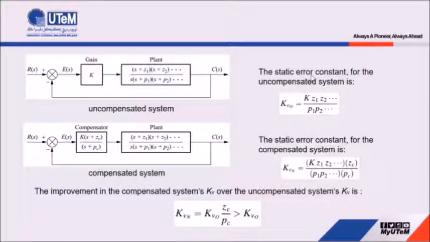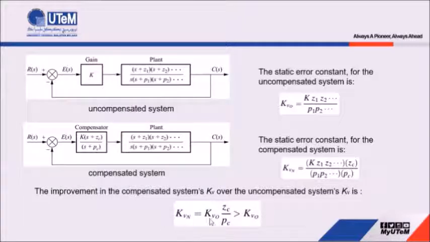To find the static error constant, we can use this formula, where k z1 z2 divided by p1 p2. For the system with the compensator, we also have to find the static error constant, which we call the static error constant for the compensated system. The formula is the same, but we have to put ZC and PC in this equation.